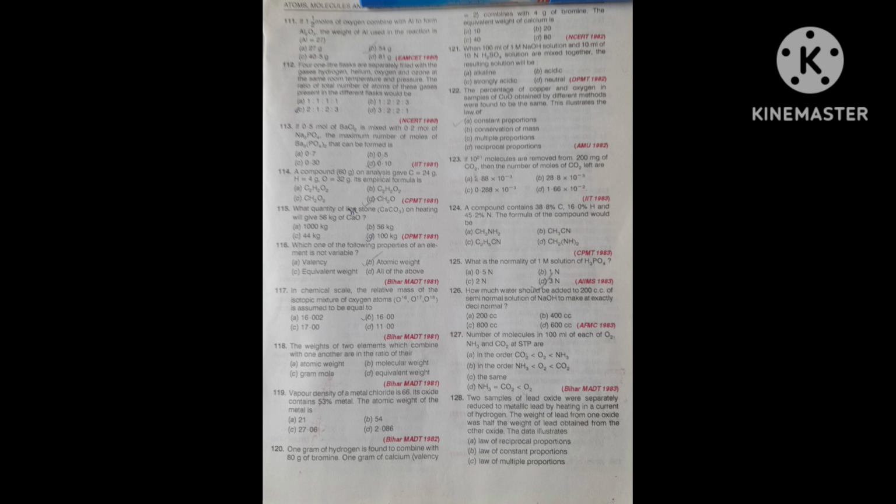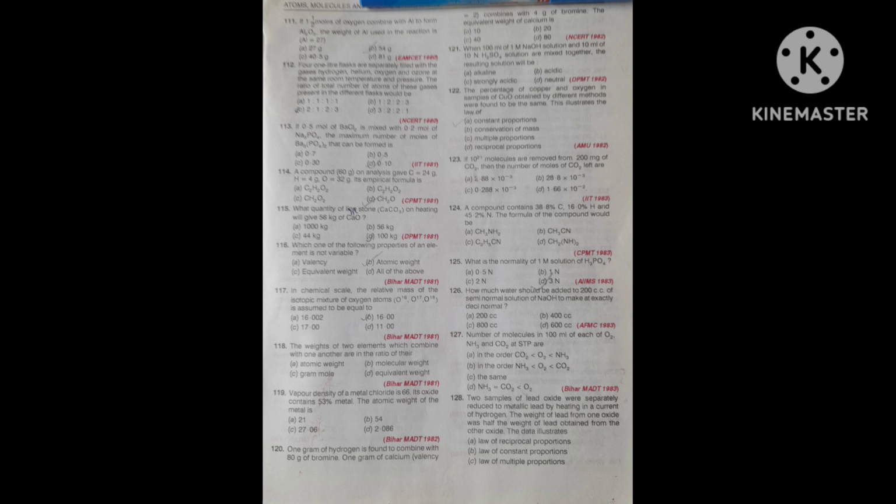This illustrates the law of: first option, constant proportion; second option, conservation of mass; third option, multiple proportions; fourth option, reciprocal proportions. This question is asked in the AMU examination, and the previous question 121 was asked in a medical examination. Now this question 122 is also asked in the AMU exam.